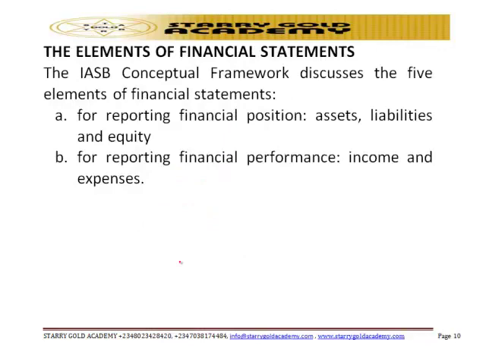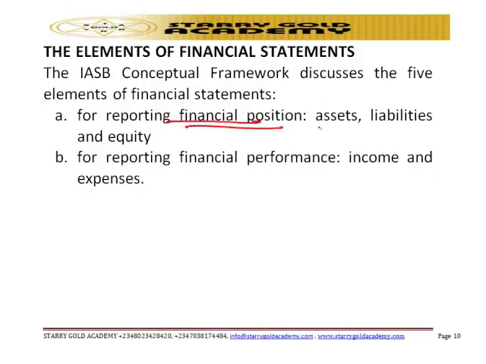Now let's move to the elements of financial statements. Looking at those things that make up the financial statements. The IASB's conceptual framework discusses the 5 elements of financial statements. Those are the 5. And for reporting, they include one for reporting financial position.